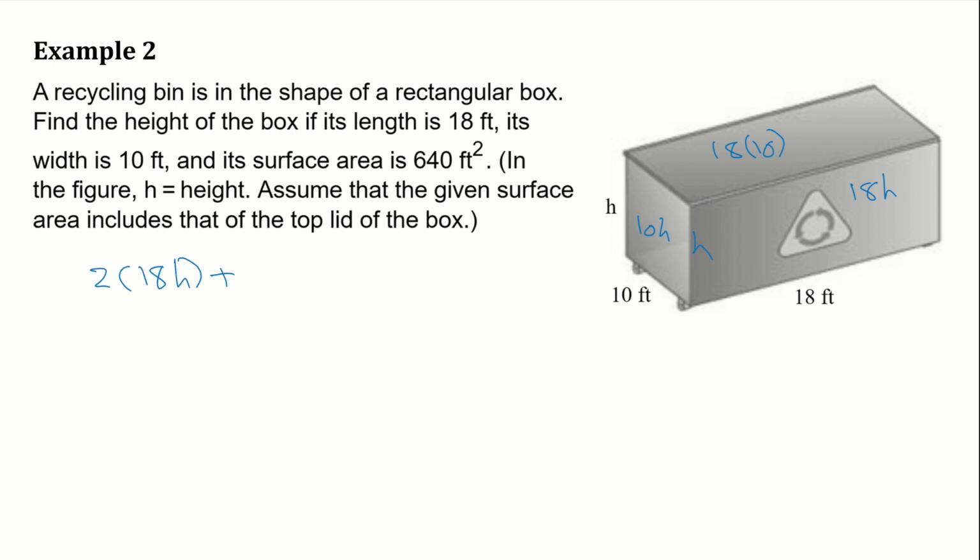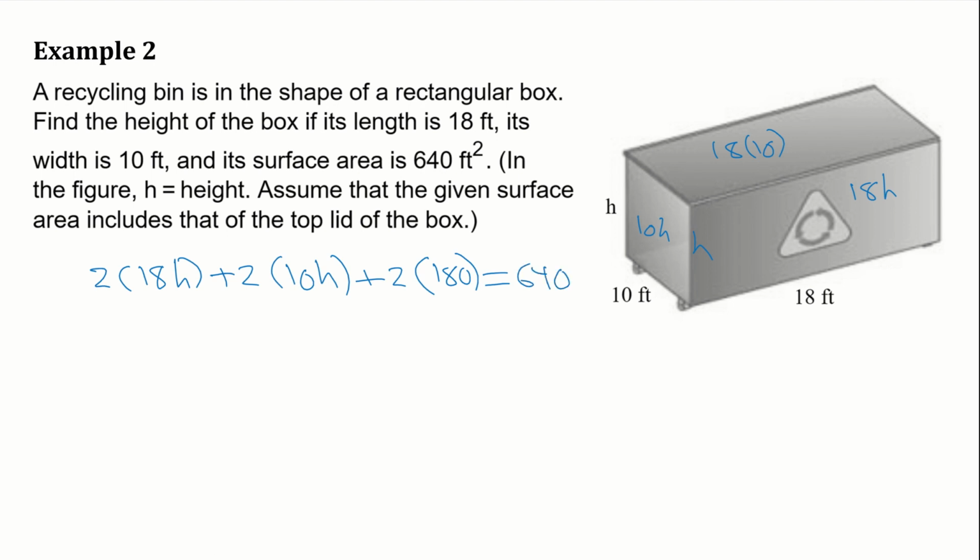So we know that twice the area of the front, 2 times 18h, plus twice the area of the sides, which is 2 times 10h, plus twice the area of the top, so 2 times 18 times 10 is 360. When you add all those areas, you should end up with the total surface area, which is 640.